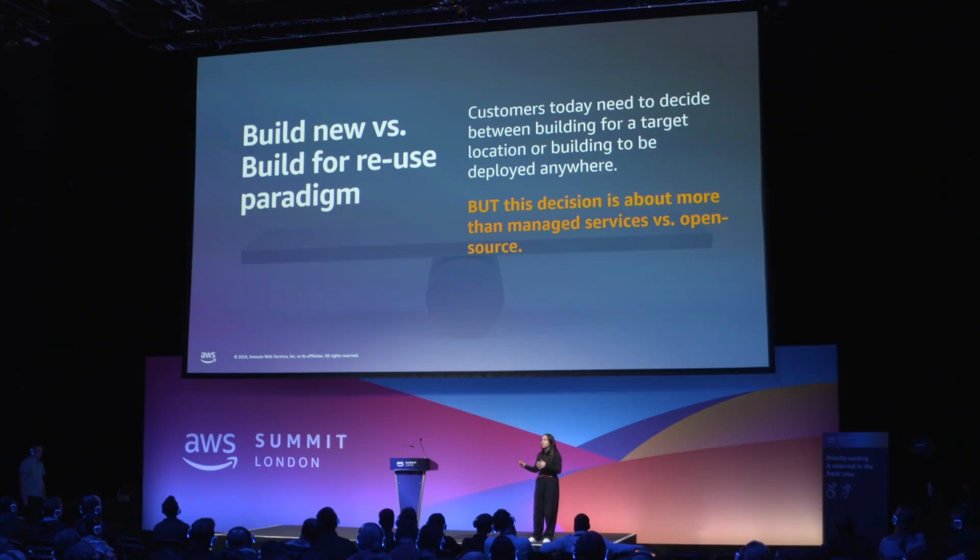Instead, you might opt for a capability-focused way to approach architecting your solution, where for each of your deployment locations, you're picking the best tool for the job at that particular location. And that might mean that you're adopting more managed services, perhaps.